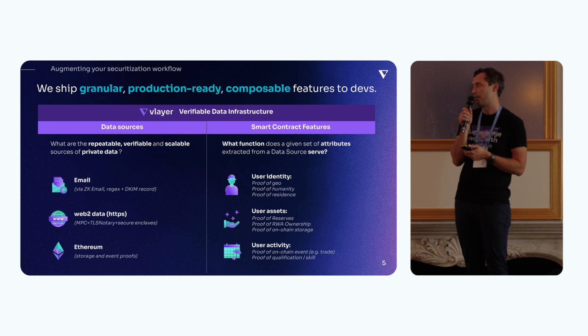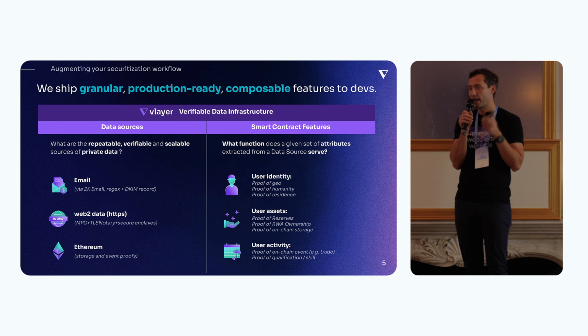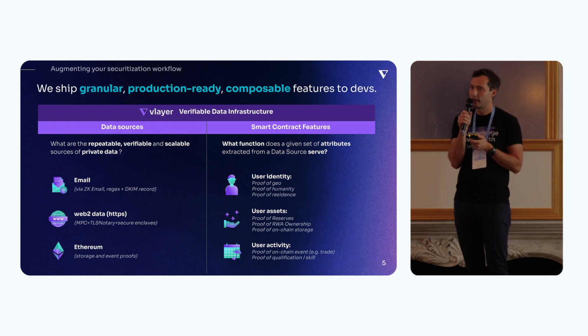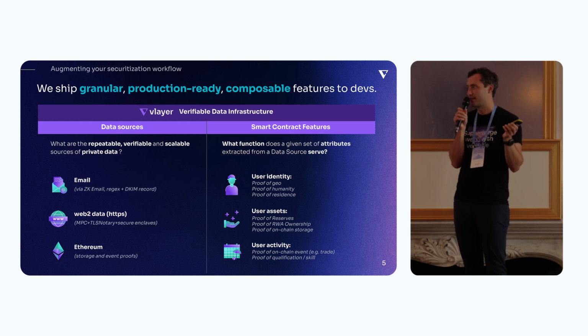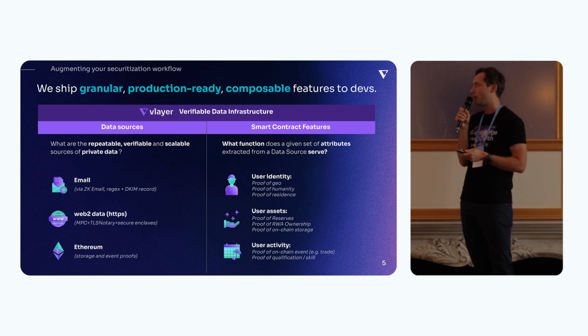So again, there are some techniques that we've been developing that allow you to access this historical information almost as simply as writing an SQL query, directly from the level of the smart contract.